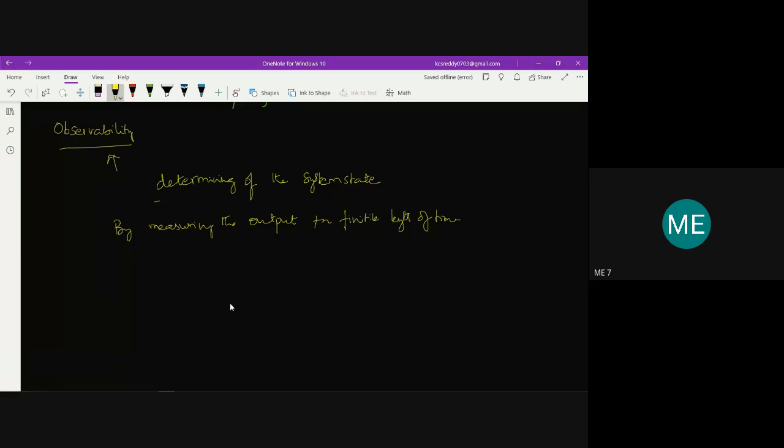So here, determining the system state by measuring the output of the system for a finite length of time.